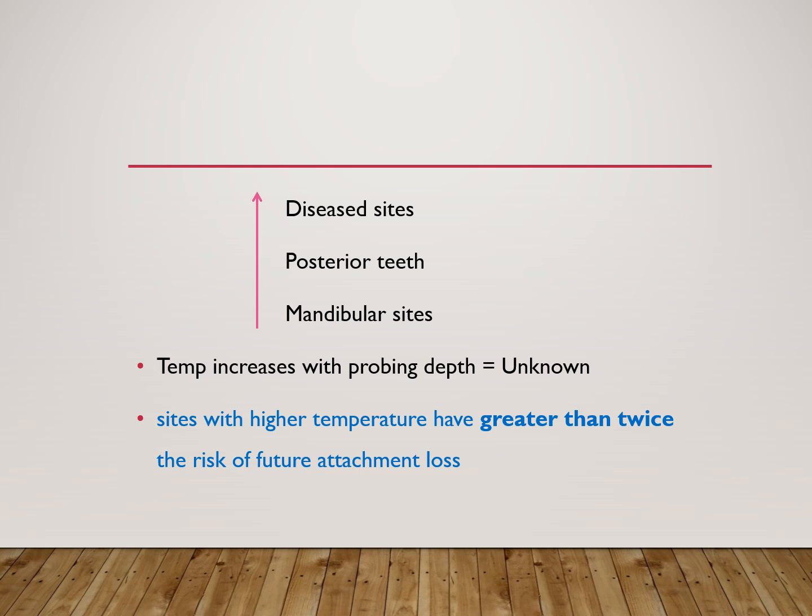It is seen that increase in temperature is at the disease site, posterior teeth, as well as mandibular sites, and also with increase in the probing depth, the temperature increases because of the increase in the metabolic activity of the tissues, and there is increase in the blood vessels, in the vascularity, which leads to increase in the temperature. And studies have shown that the sites with higher temperature have greater than twice the risk of future attachment loss. So with this, we can predict that this particular site can further lead to attachment loss in future.